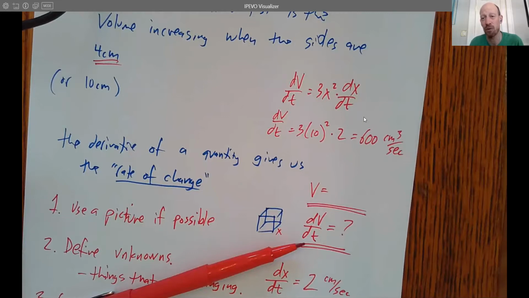We should be getting more volume as the sides increase. And as we talked about, the volume should be getting larger as x is getting larger too. So there's a little bit of a way we can check, but the actual numbers aren't something that we can verify intuitively in some way. I have to trust the math.